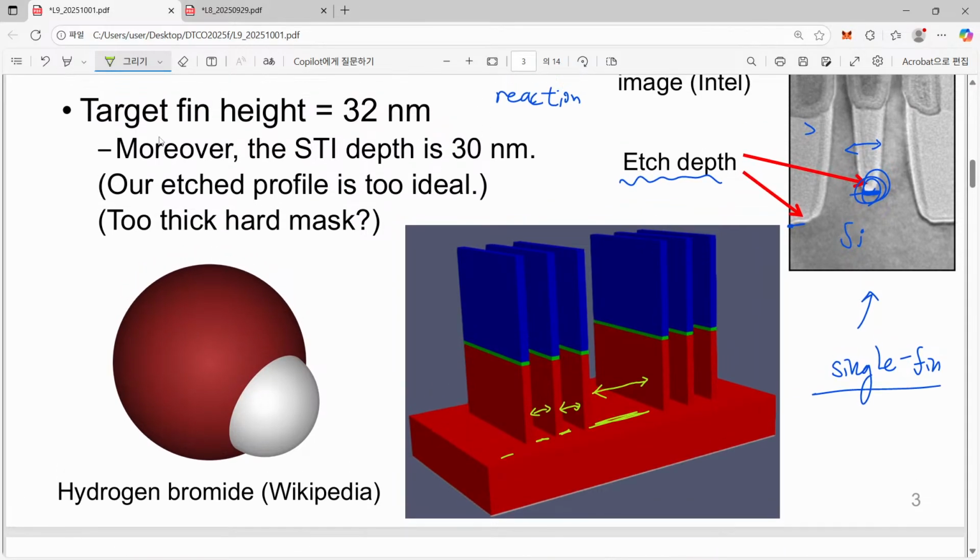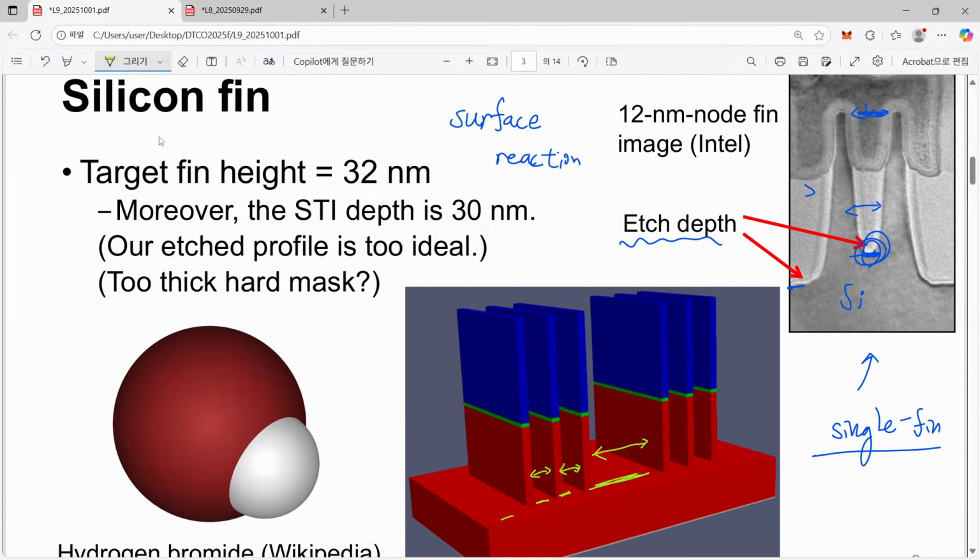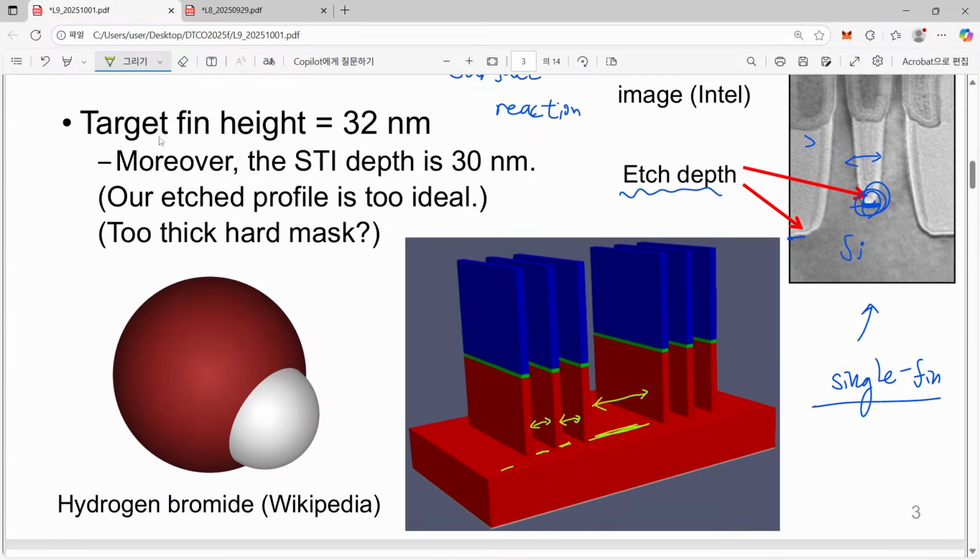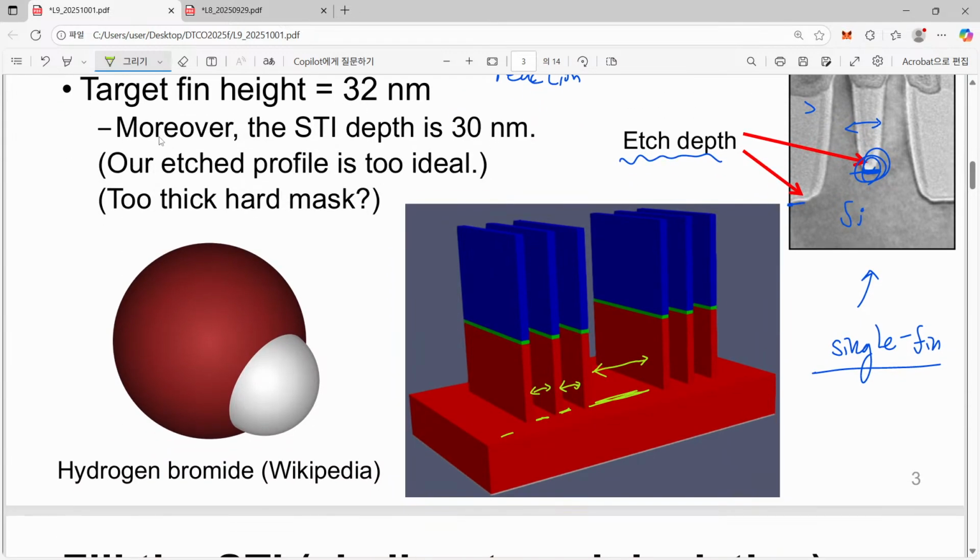But please be careful. In reality, we have to consider the chemical reaction. It is not magic to etch something; we just provide something and a good environment for the chemical reaction. So that is a non-ideal effect we cannot consider right now.